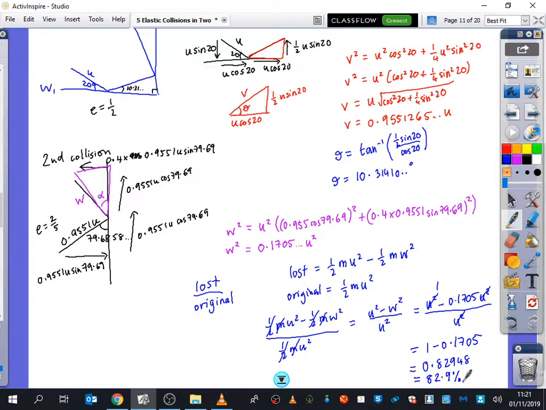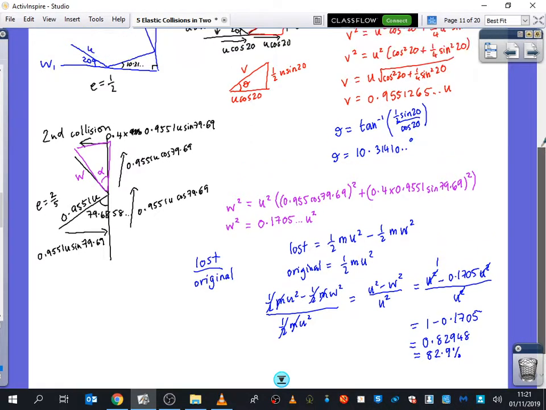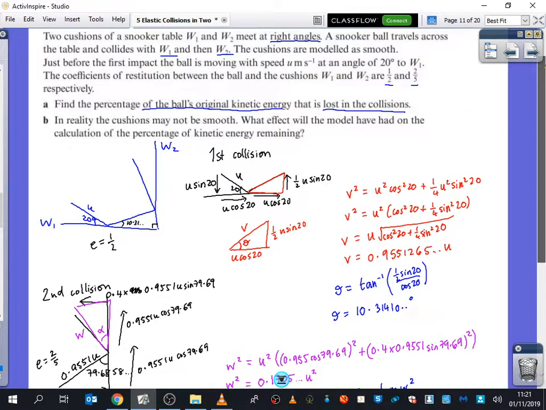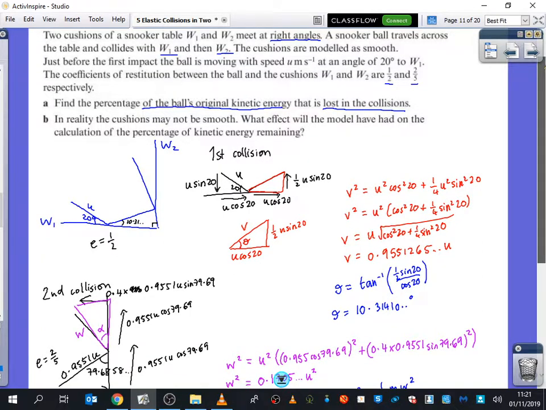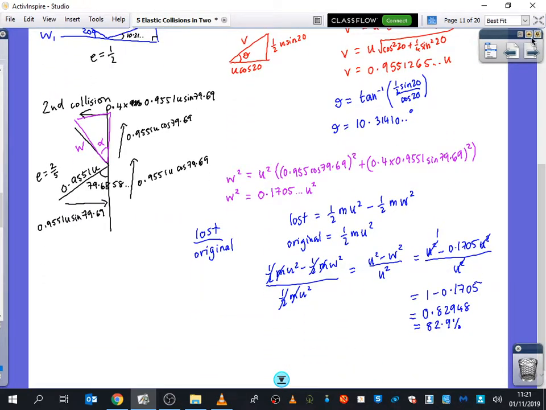Part B said, what would be different? Let's just remind ourselves of what it said. In reality, the cushions may not be smooth. What effect will the model have had on the calculation of the percentage of kinetic energy remaining? Would there be less remaining?